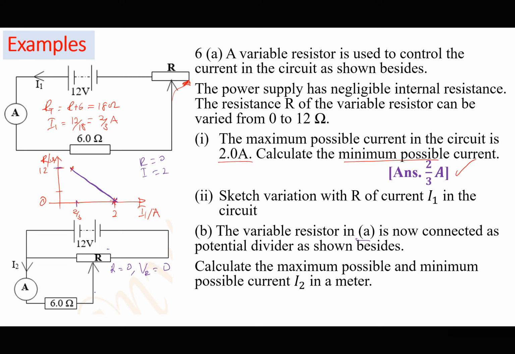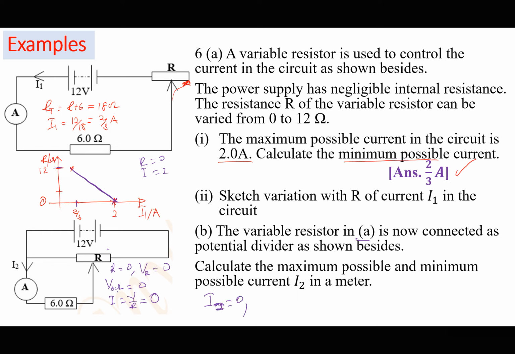And because R is in parallel with the 6 ohms, the PD across 6 ohms is also going to be 0. And from current equals V over R, the current through 6 ohms is also going to be 0. So the minimum I2 is going to be 0.